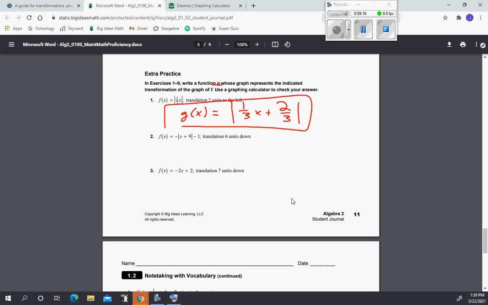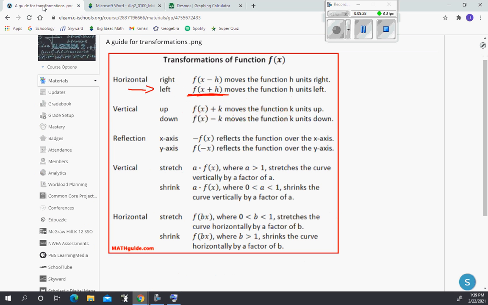Good news on this next one. It's pretty straightforward. We have our function y equals the negative absolute value of x plus 9 minus 1, and we want to move that 6 units down. So let's look for our down movement. Down, down. Well, it's right here. F of x minus k, so our function minus k moves it k units down.